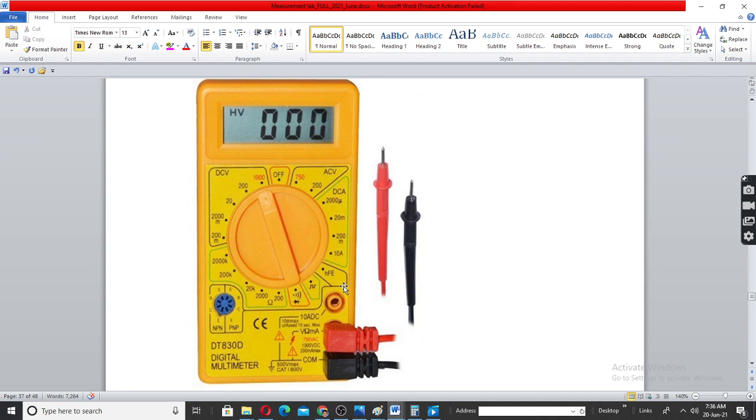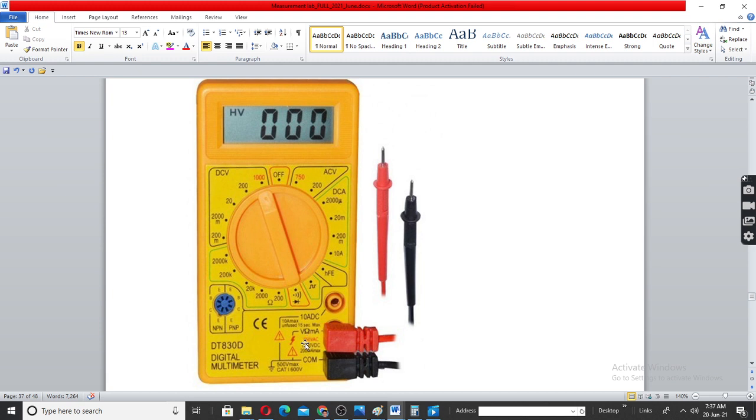During most of the measurements, these two wires, called connecting leads or multimeter leads, should be connected so that black is in the common terminal and the red lead is in the second terminal.